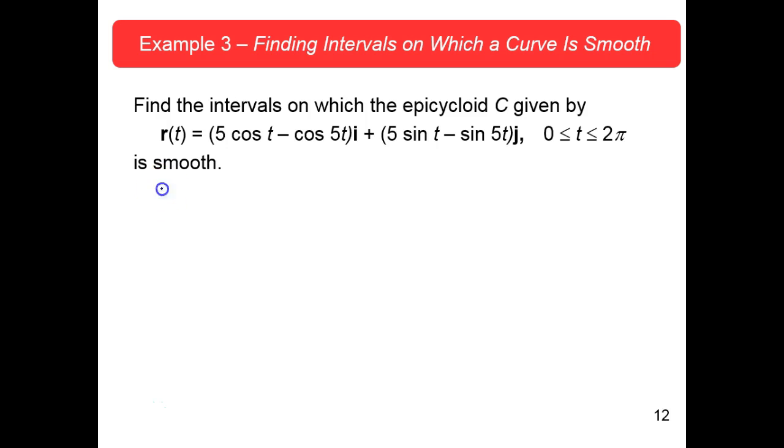Take a derivative. r prime. We really don't need to know what r prime of t is, but we are going to do it, because you do the derivative of this and the derivative of that, and where those are continuous, then this will be. So what's the derivative of 5 cosine t?